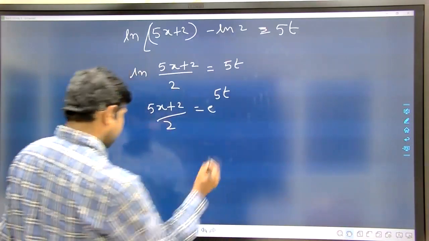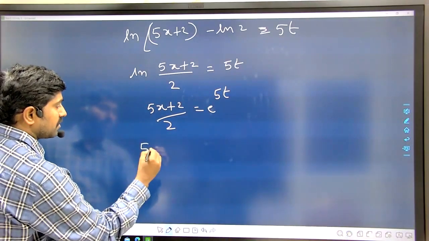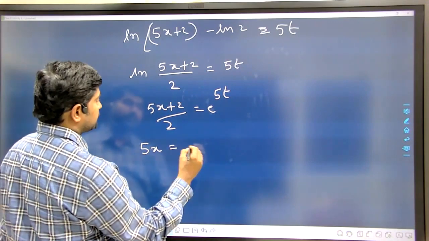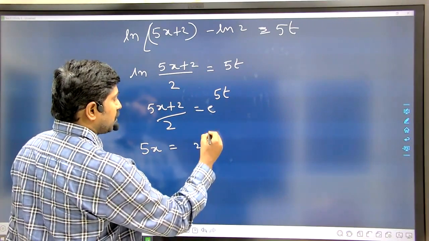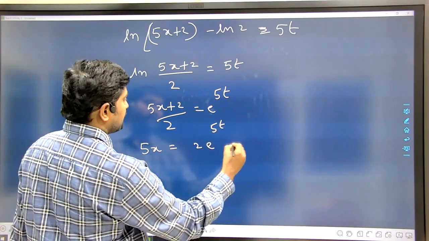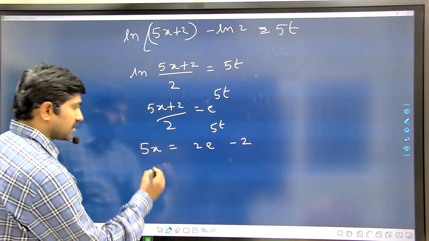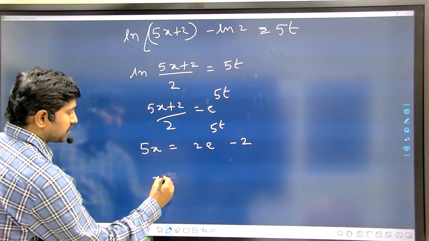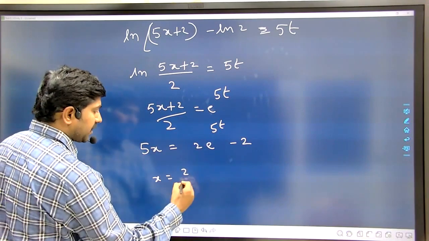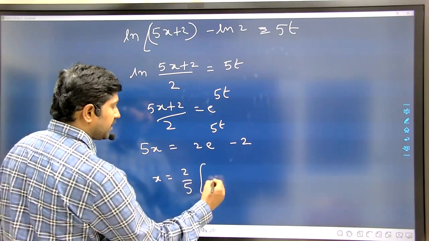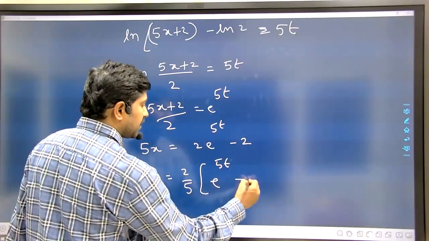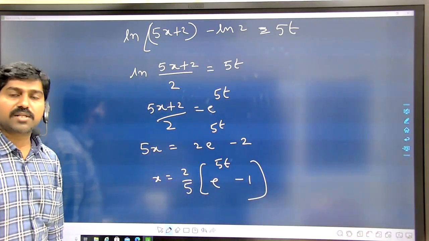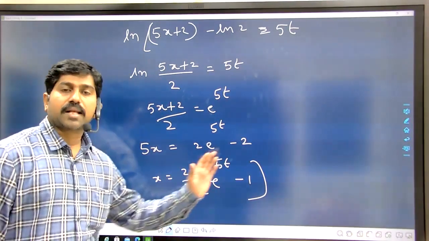And finally, 5x is equal to 2e power 5t minus 2. And finally, x is equal to 2 can be taken common here. 2 by 5 into e power 5t minus 1. This is the final relation between x and time.